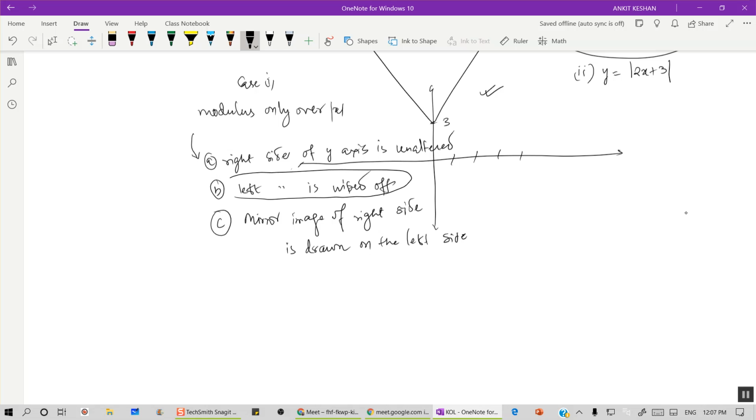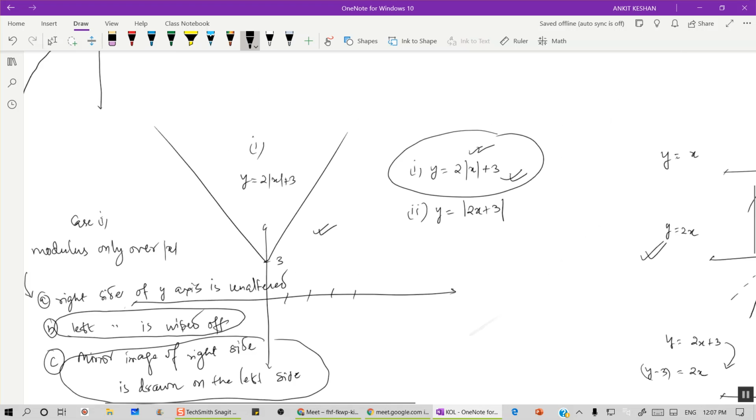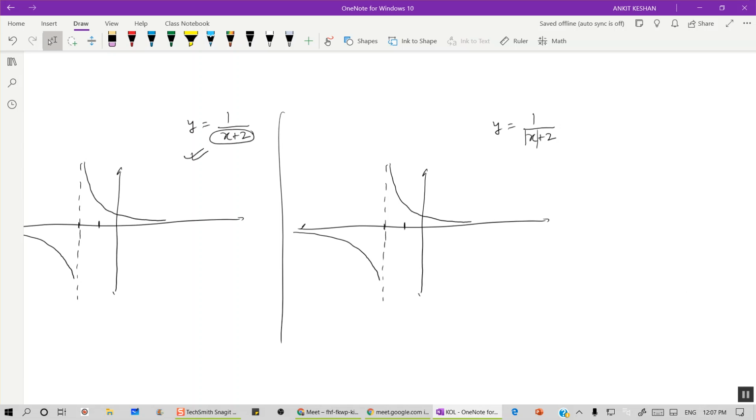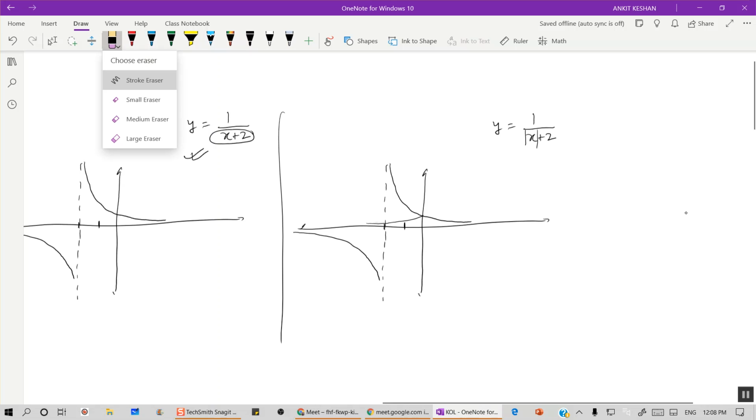Now the left side is wiped off, and the mirror image of the right side is drawn on the left side. We will follow these 3 steps. So this part will be unaltered, this entire part will be wiped off, and this mirror image will be formed on the other side. Got it? Now it is completely clear. Okay, fantastic.